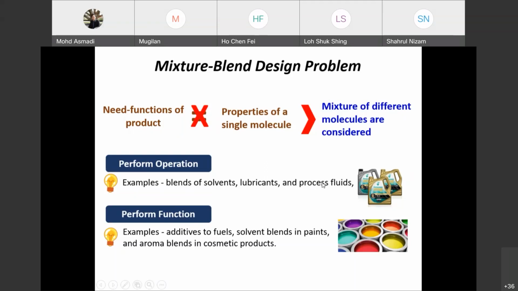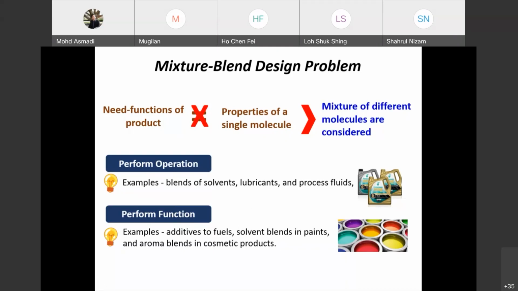It can also be employed to perform specific functions in different types of products, such as fuel additive, solvent blend paints, aroma blend in cosmetic products. So these are examples of the mixture blend.